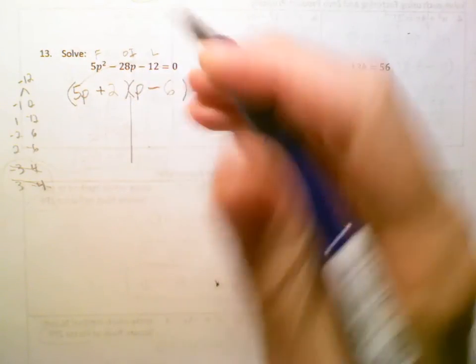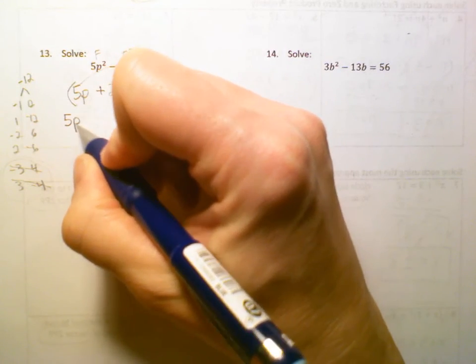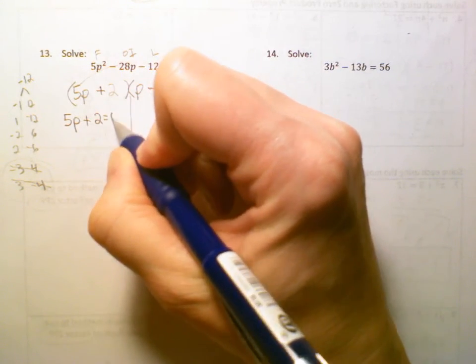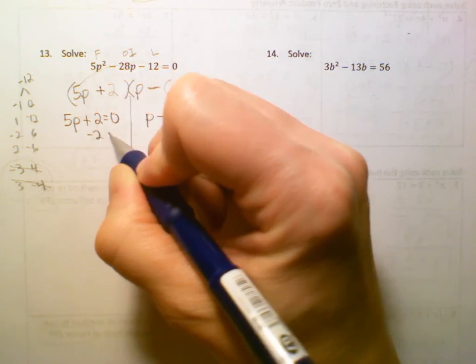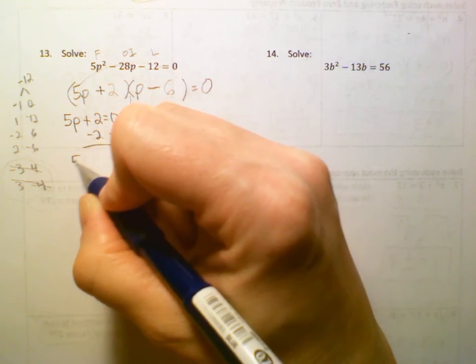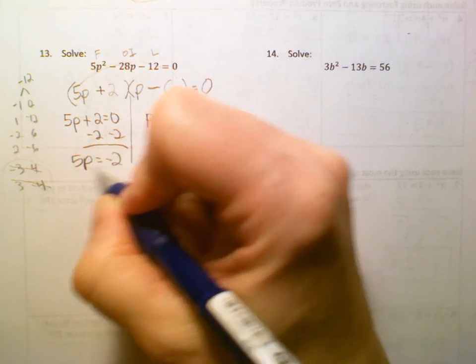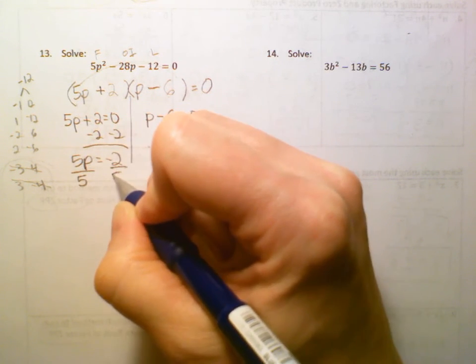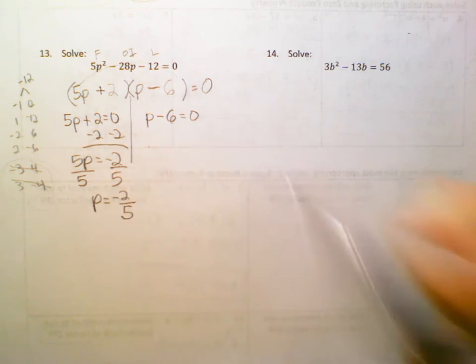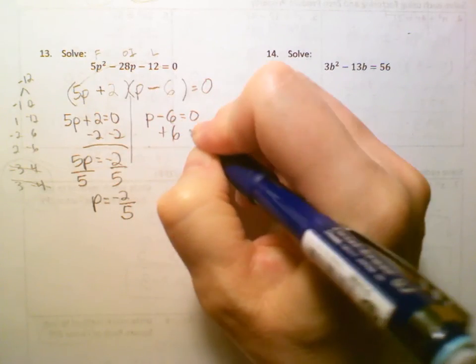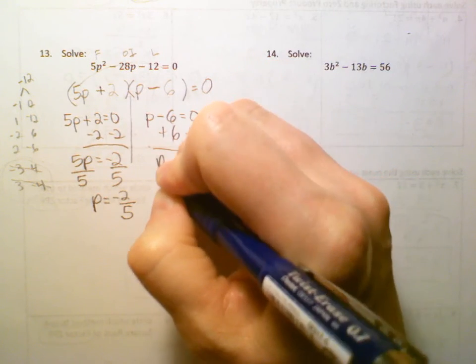And now we just use ZPP, zero product property. 5p plus 2 equals 0, p minus 6 equals 0. So negative 2/5 or 6.